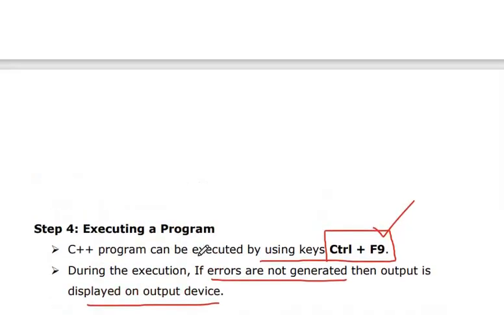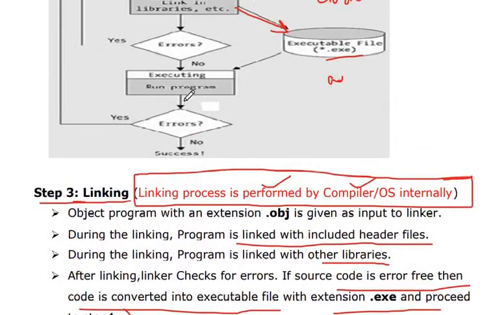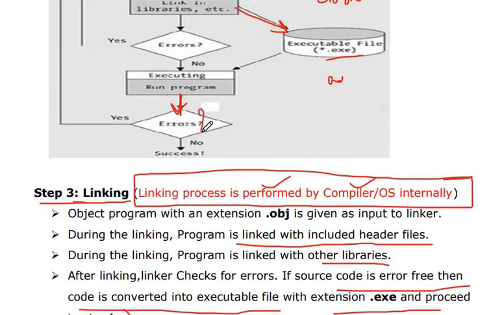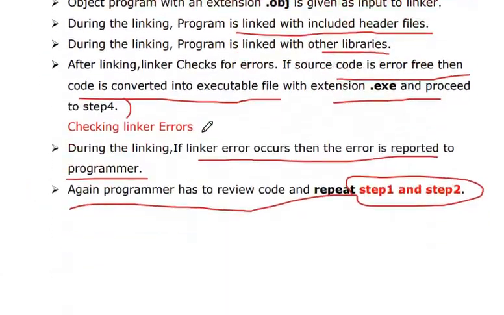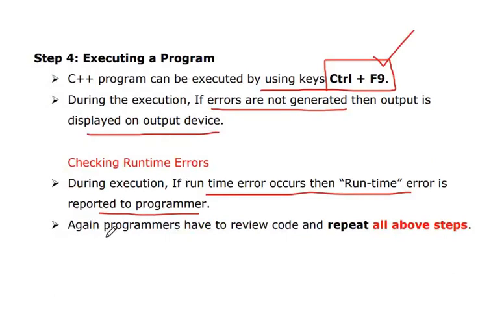If the runtime error occurs, what happens? Look here. During the execution, if the runtime error occurs, the error is reported to the programmer. Then once again, the programmer has to review the code and repeat all the above steps.